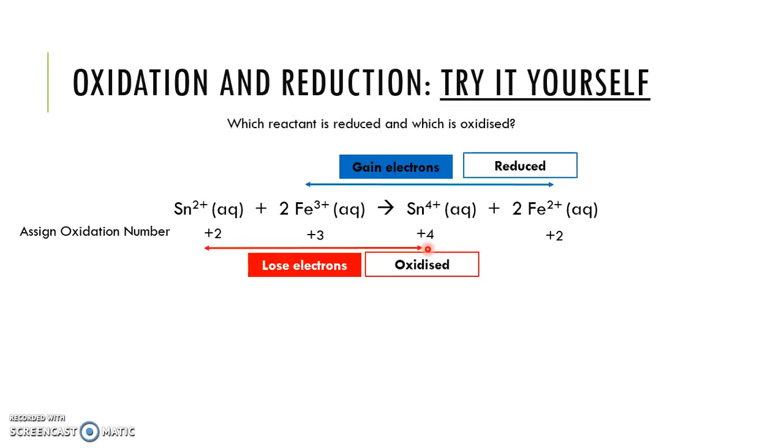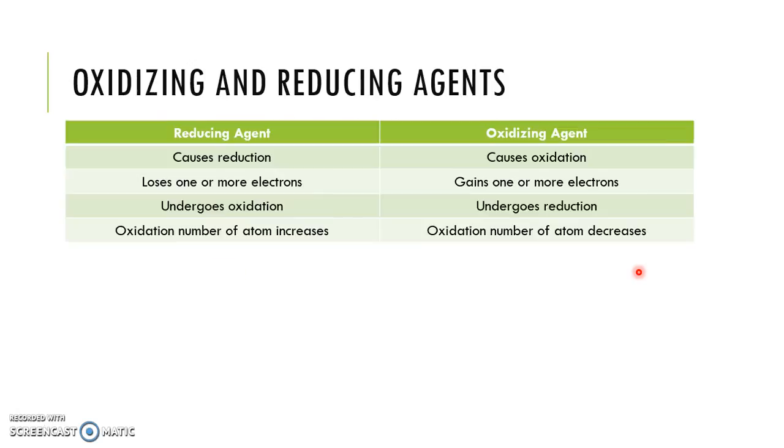This would be your answer. Tin is oxidized and iron is reduced. Now you have understood what oxidation and reduction reactions are.